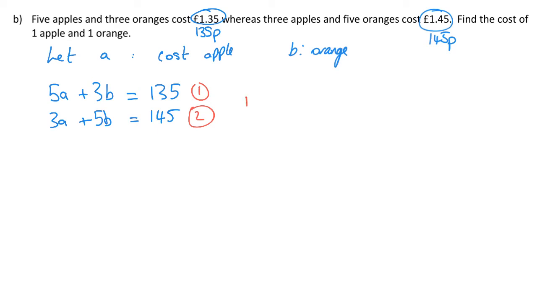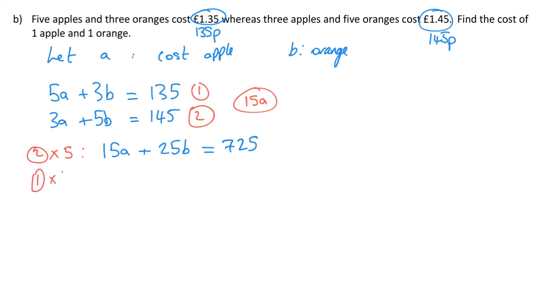So if the A's are to be the same, we want to get up to 15A. So that means we'll multiply equation 2 by 5. And we'll get 15A plus 25B equals 725. And then equation 1 we'll have to multiply by 3 to get 15A plus 9B is equal to 405.